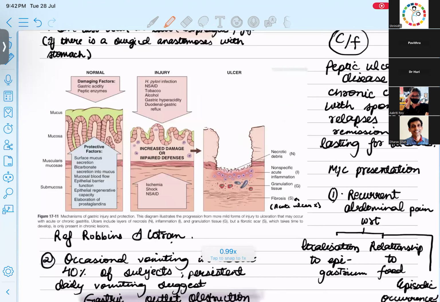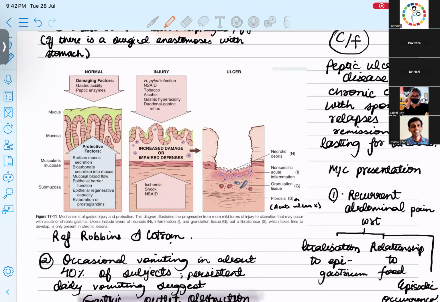If we see here, this is the image taken from Robbins. We saw the protective factors. I won't describe it again; I have mentioned it above. We have injury due to H. pylori, NSAIDs, tobacco, alcohol, gastric hyperacidity, duodenogastric reflux.